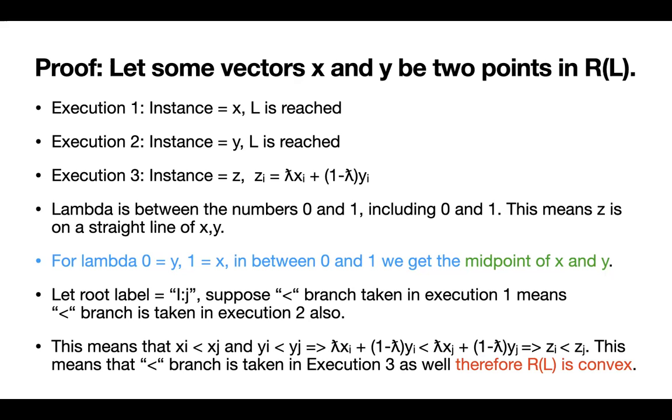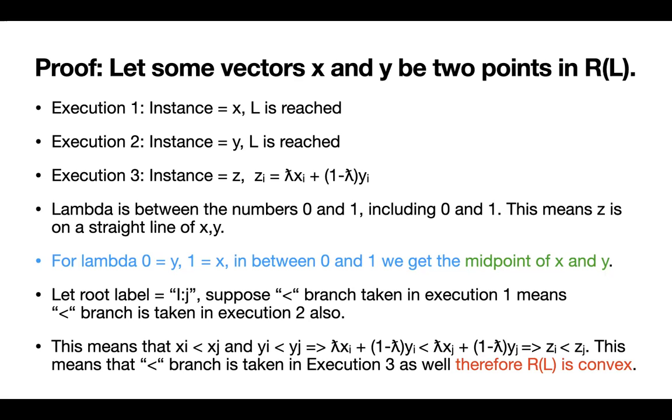So this would basically mean that xi would be less than xj, and yi would be less than yj. And so if we take this equation from before and plug in the xi and yi values and the xj and yj, we can see that this still holds true for xi and zi and zj, zi being less than zj.